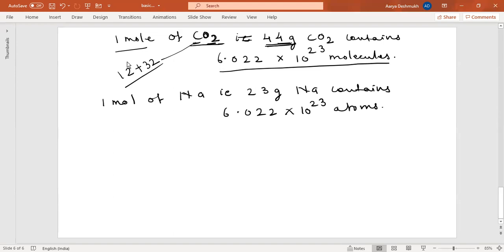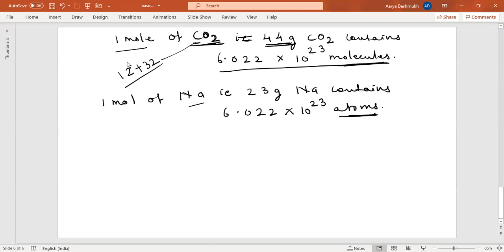Now here I wrote molecules, and here I wrote atoms. Why? Because carbon dioxide is a compound, so it contains molecules, and since sodium is an element, it must contain atoms. Okay, so this is the way you can go for the concept of mole.